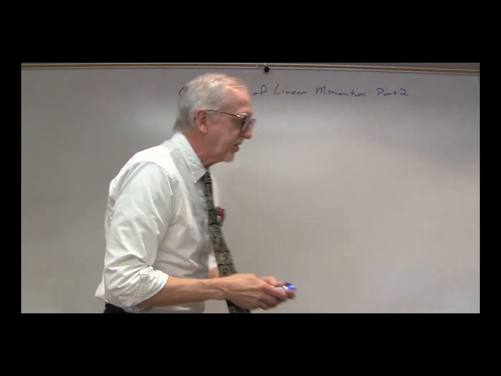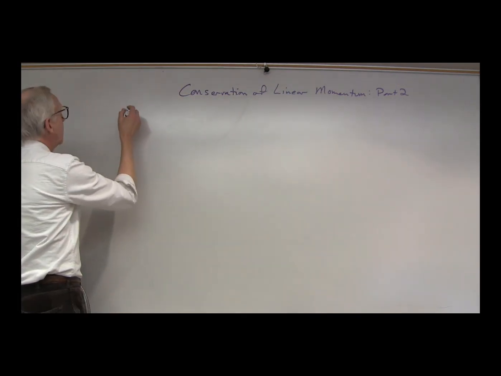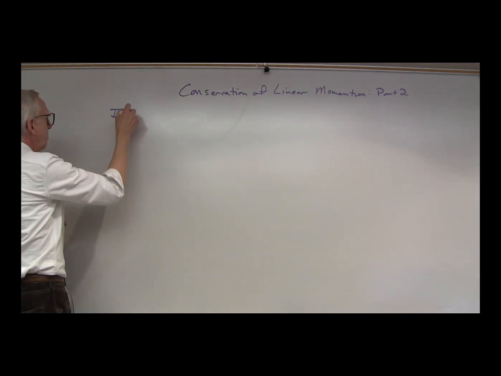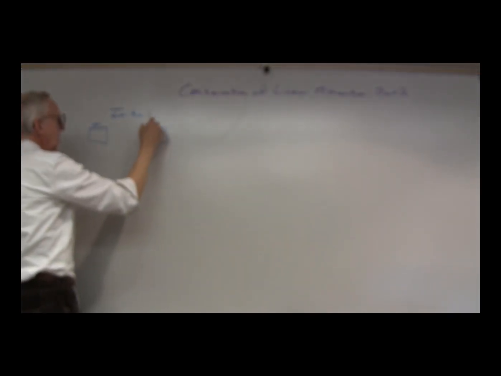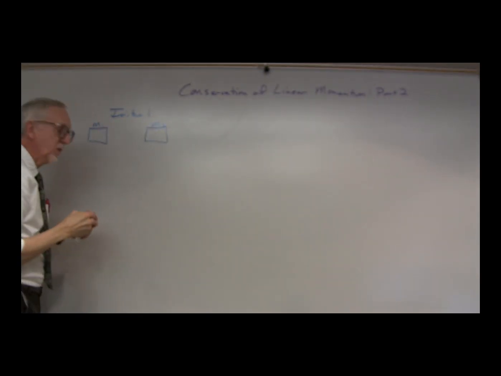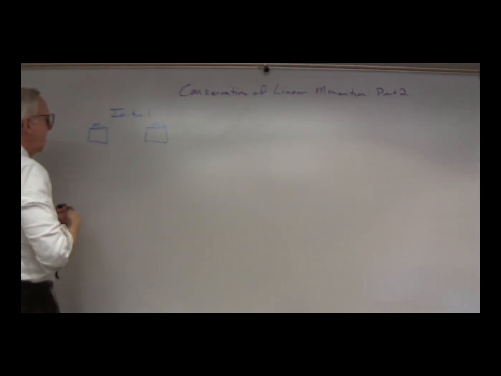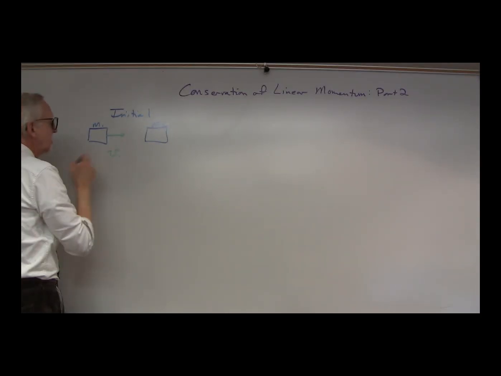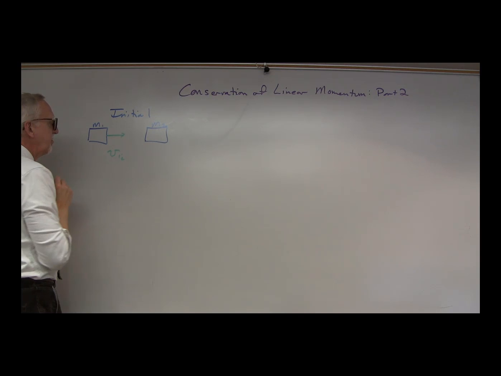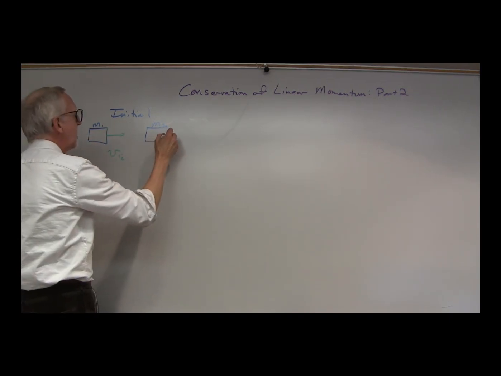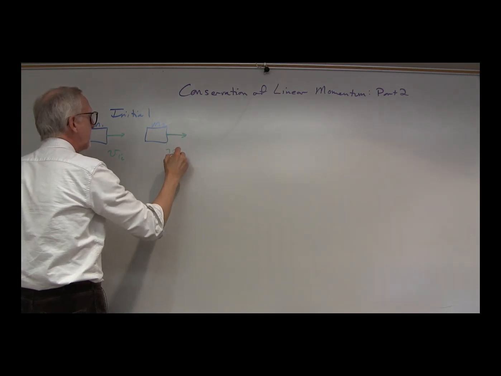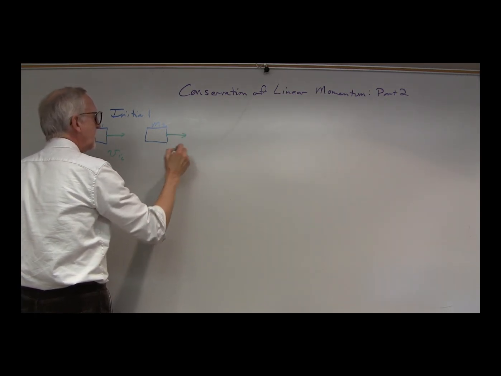Let's imagine that we start out with, over here, I'll draw the initial situation. Let's imagine we've got two masses, m1 and m2, and we'll give them some initial velocities. So we'll say that m1 is moving at some velocity v1, and we'll call that v1 initial for its velocity before the collision. m2, we will assume, has some velocity v2 initial.